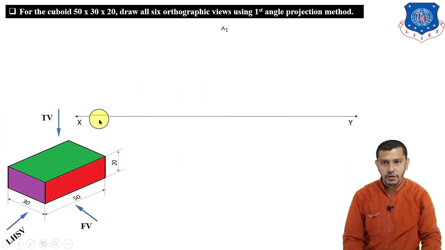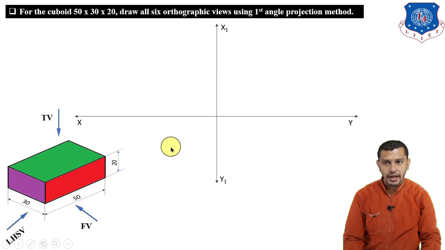So first of all draw the xy line and the x1 y1 line, and we have to draw the front view, top view and left hand side view. If we draw the front view in this quadrant, the top view will be below the front view and the left hand side view will be in the right hand side of the front view. So observing from this direction, we will have a rectangle in the front view having length 50 and height 20.